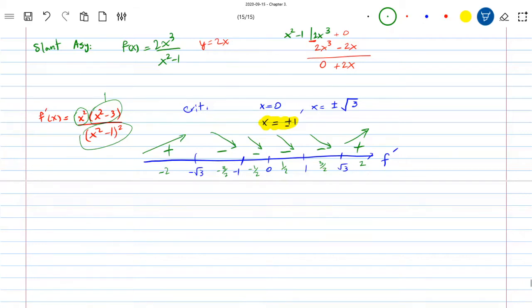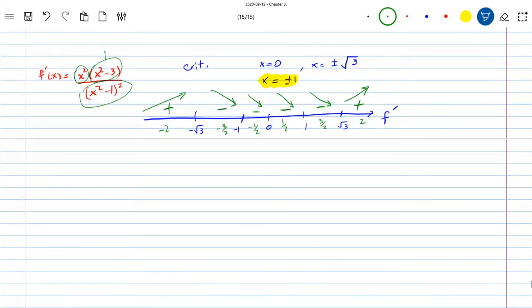We expect some of these results because there are vertical and horizontal asymptotes, so around these asymptotes you expect this behavior.